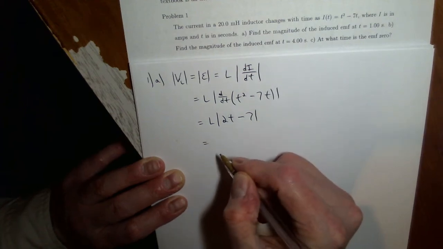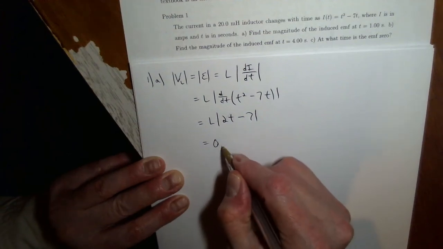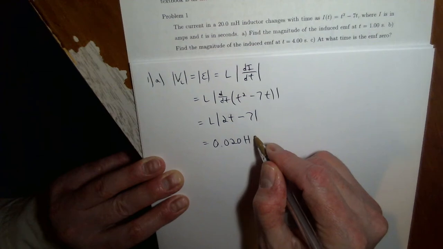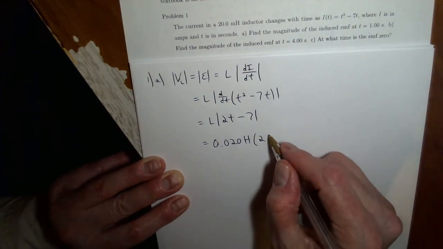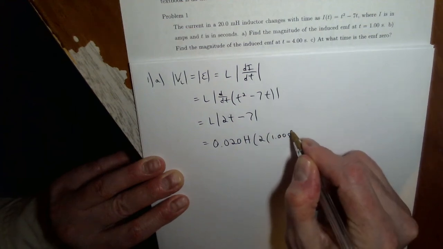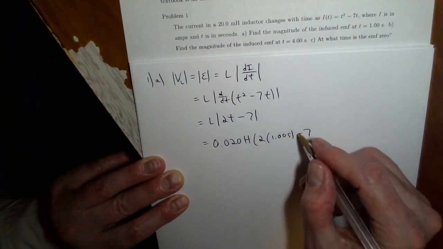And so we plug in. The inductance is 20 millihenries, so 0.020 henries times 2 times the time, which is 1 second in part A, minus 7, which has units of seconds there.